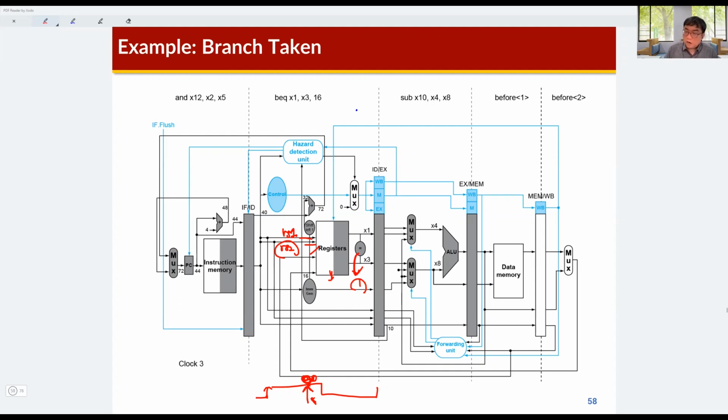This hardware is also very simple. We can use an exclusive OR gate for this comparator. Why? If we look at the inputs and outputs of the exclusive OR: 0,0 gives 0; 0,1 gives 1; 1,0 gives 1; 1,1 gives 0.